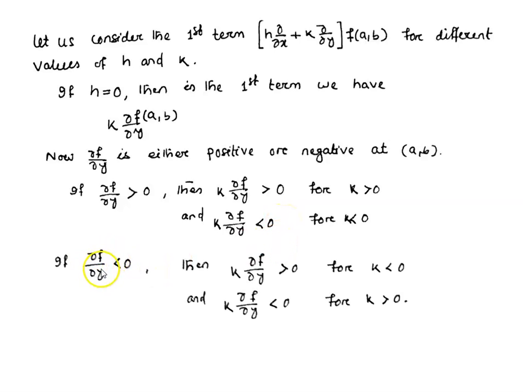If the partial derivative with respect to y is negative, then the product k ∂f/∂y is positive if k is negative, and the product is negative if k is positive.